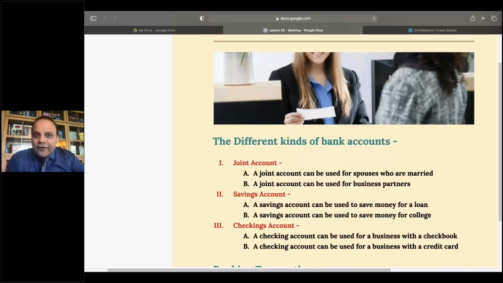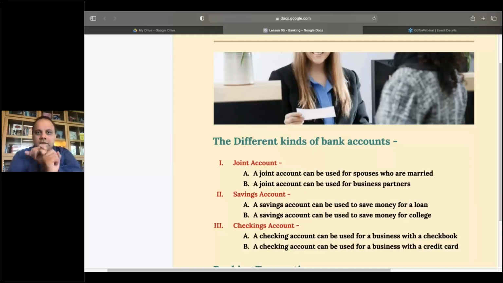Repeat after me. Never forget. There are three types of bank account. We have joint account, savings account, and checkings account.